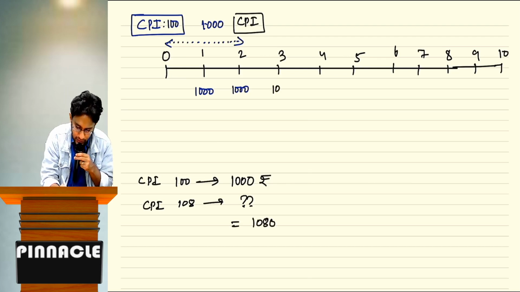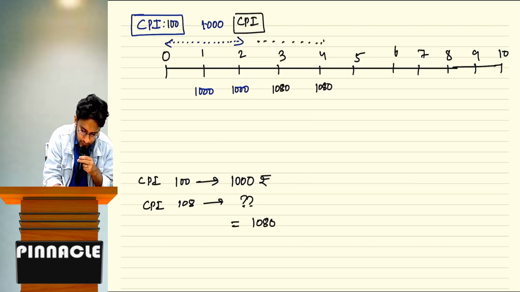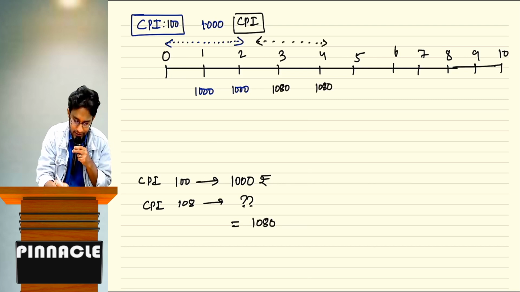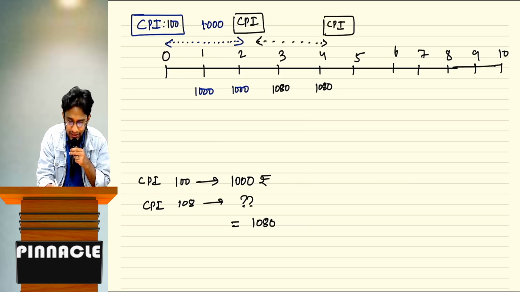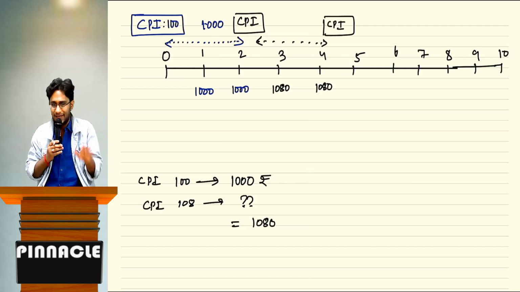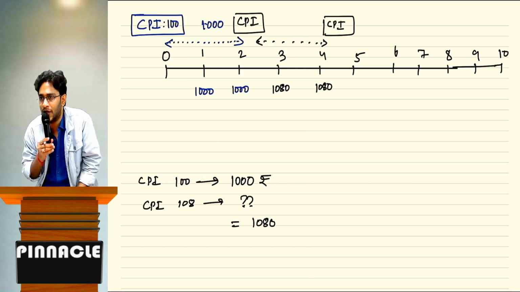So for these 2 years I will be applying 1080. Next, at the fourth year ending, one more CPI will be there. Based on that, again for the next 2 years the lease rent will be updated. Like that, you have to pay lease rent.